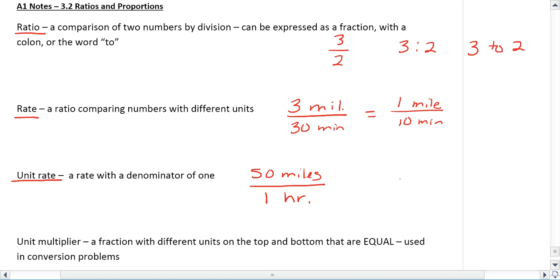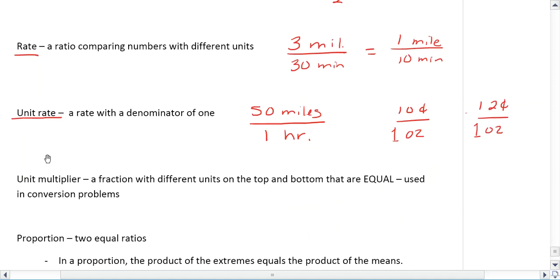If you're buying soup and you want to compare two sizes of cans, perhaps one of the cans would be 10 cents per ounce, and maybe the other can of soup is 12 cents per ounce. If you divide it down, I guess I could put a 1 here: 10 cents per 1 ounce or 12 cents per 1 ounce. And then unit rates make it easy to compare prices on things to see which one is the better deal.